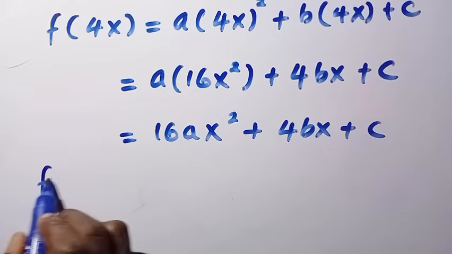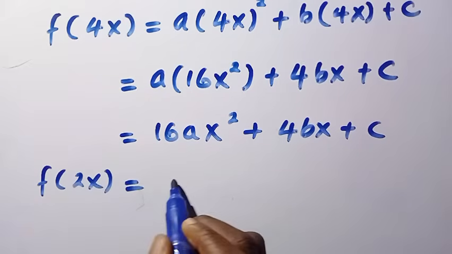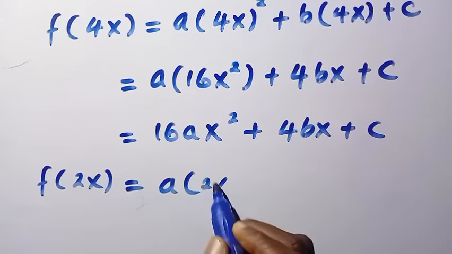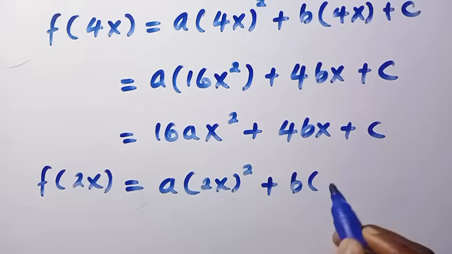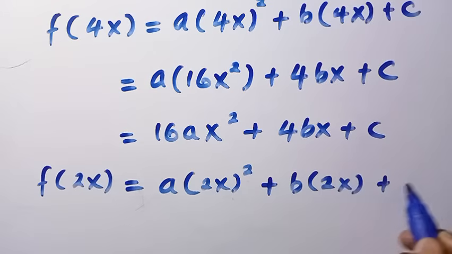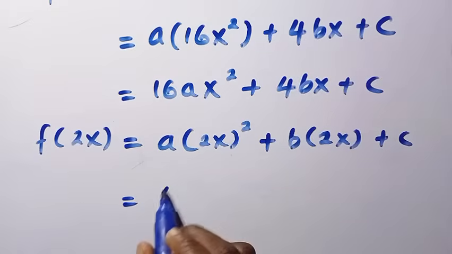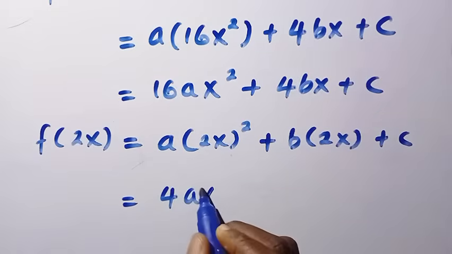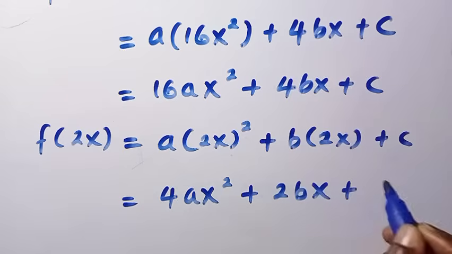Again, we need to find f(2x). For f(2x), we are going to have a times (2x) squared plus b times 2x plus c. Then the whole of this becomes 4ax squared plus 2bx plus c.